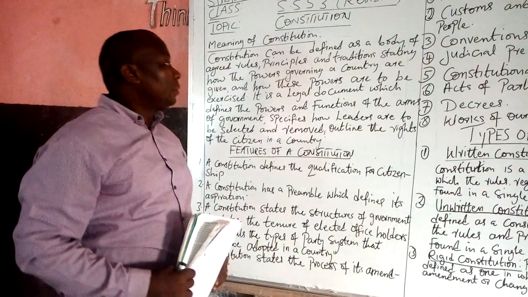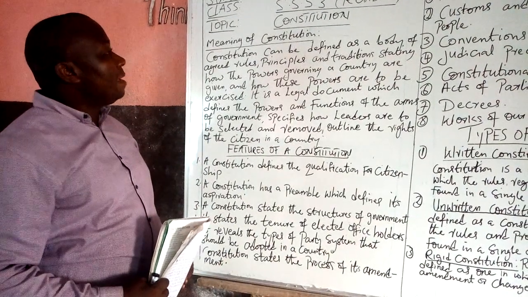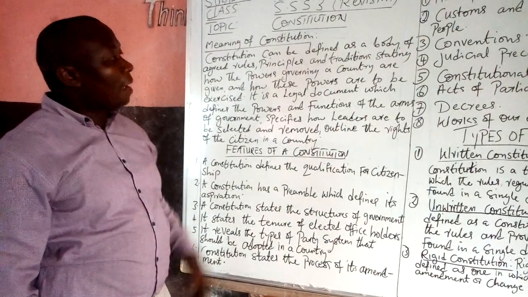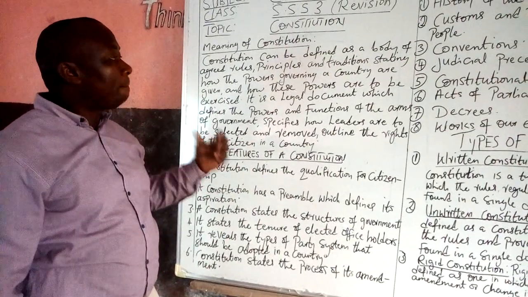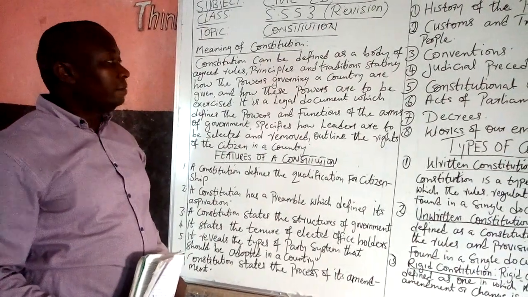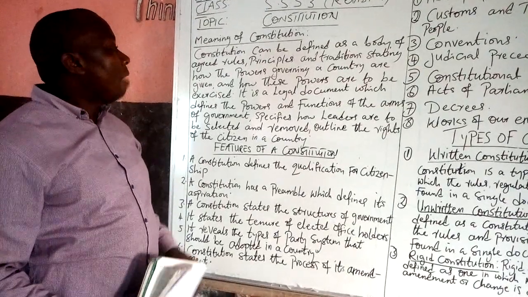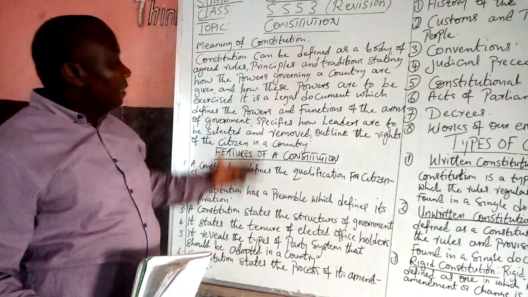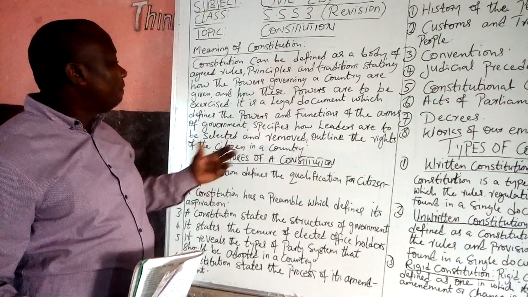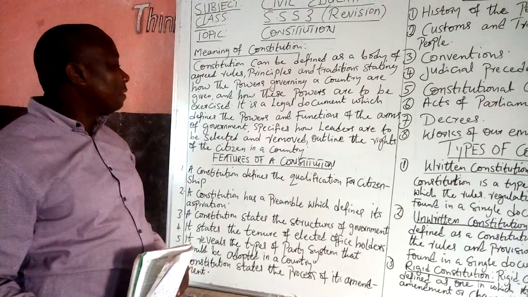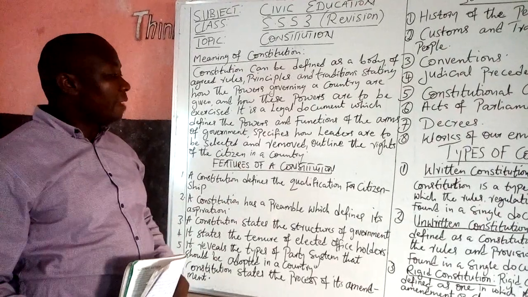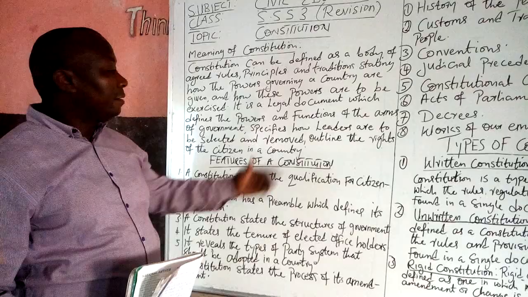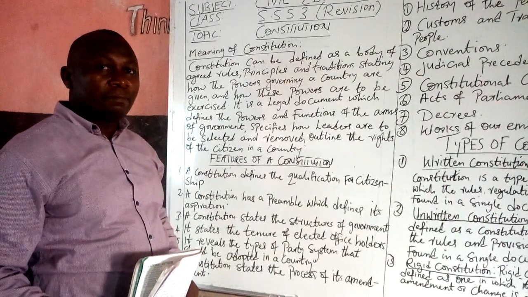Constitution, according to our definition, is a body of agreed rules, principles, and traditions stating how the powers governing a country are given and how these powers are to be exercised. It is a legal document which defines the powers and functions of the arms of government, specifies how leaders are to be selected and removed, and also outlines the rights of the citizens in a country.